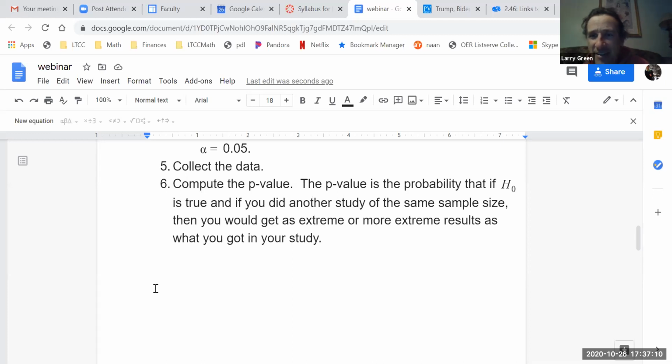What would you say? If I flipped a coin 100 times and I got 99 heads and 1 tail. Yeah, you would say I'm cheating. And you would say I'm cheating because the probability of that happening, if I'm not cheating, is so small that you're going to say I'm cheating.